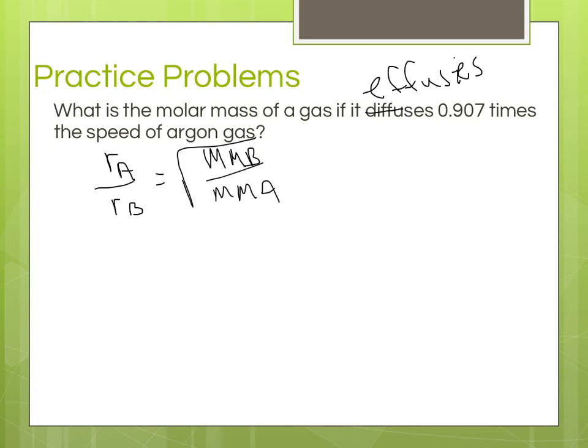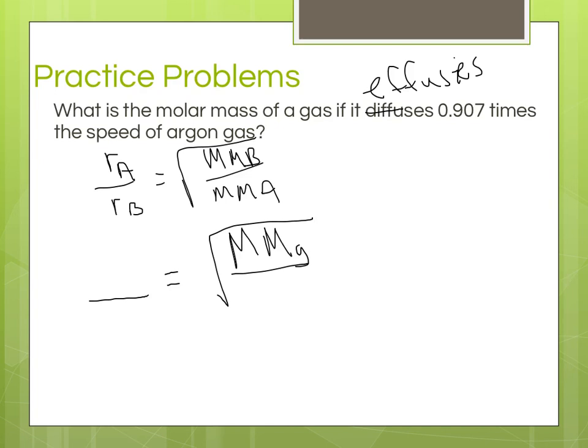Now, what should I call A and what should I call B? Because I'm trying to solve for the molar mass, I always like whatever we're solving for on top because it makes it easier. So I'm going to say the molar mass of our gas, the one we don't know, is going to be on top, which means that the rate of our gas is going to be on the bottom.